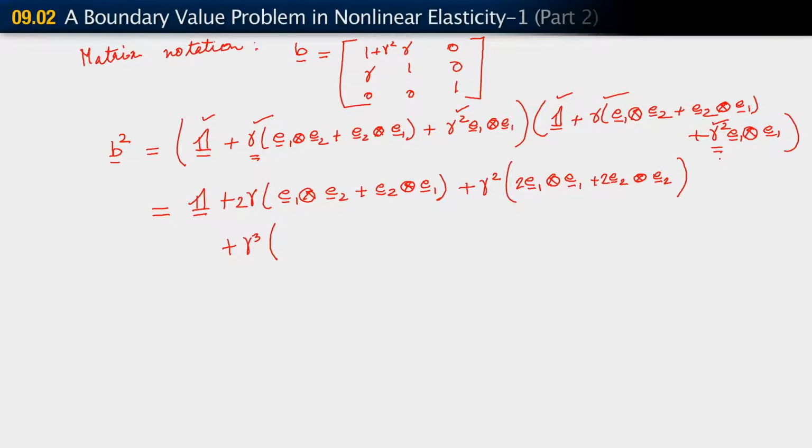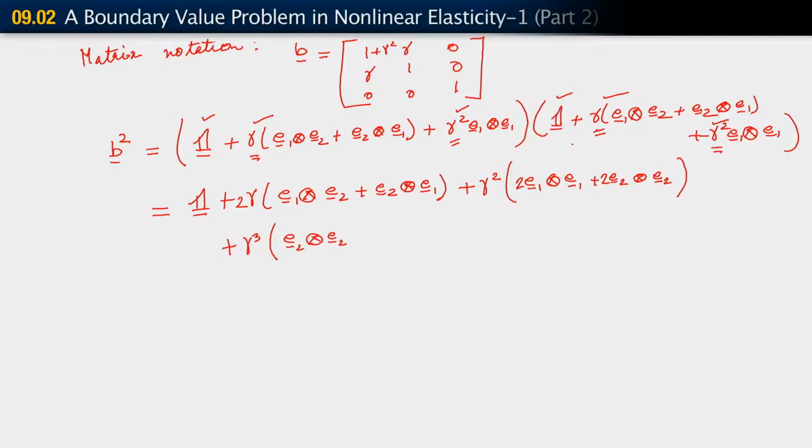And when we carry that out, we see that the term that survives here is a term of the form E2 tensor E2. And another cubic term that survives is from the action of that on that.